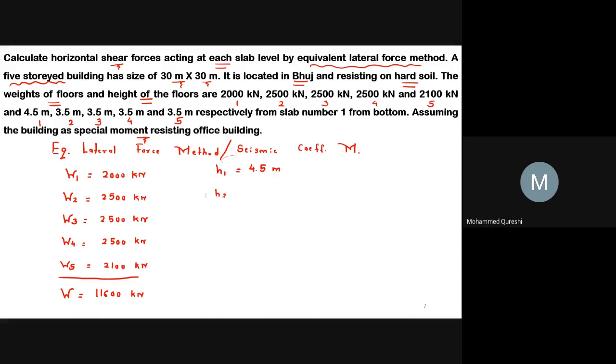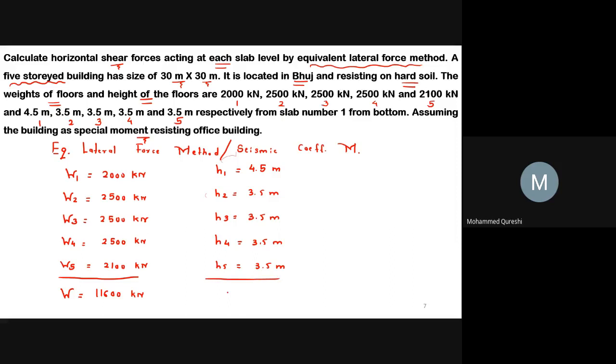Now it is also given that the height H1 is 4.5 meter, H2 is 3.5 meter, H3 the same 3.5 meter, H4 the same 3.5 meter, and H5 is also the same 3.5 meter.